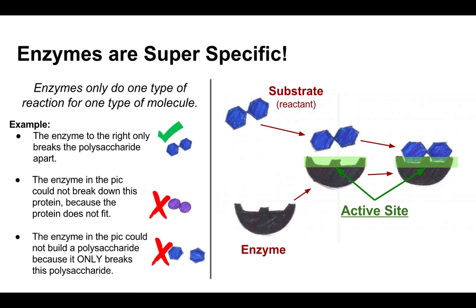Can you build them up? No. So even though it may look like that this enzyme might be able to fit our monosaccharides right here, this enzyme only breaks down polysaccharides. It only breaks down carbohydrate polymers. You would have to have another type of enzyme that builds up a polysaccharide.